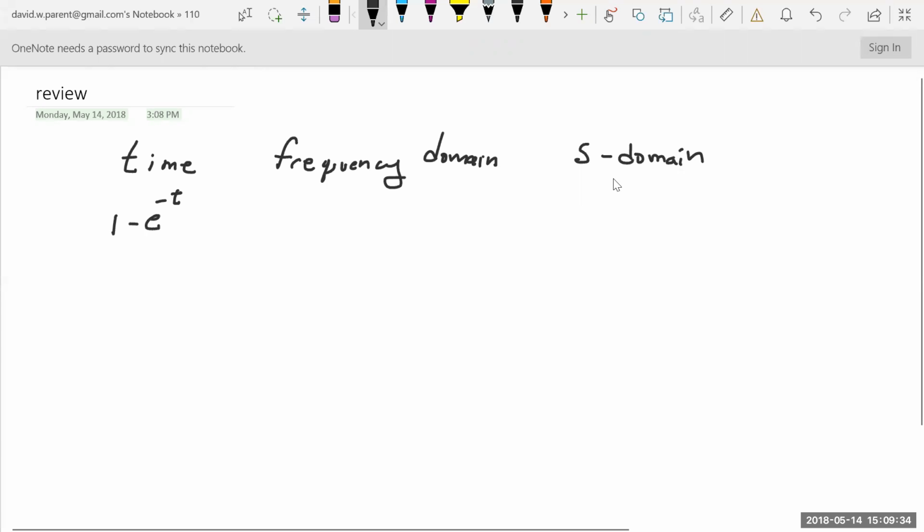That might be the step response to a low pass filter, which would be something like this in the S domain. The frequency domain is really when S equals J omega, right?